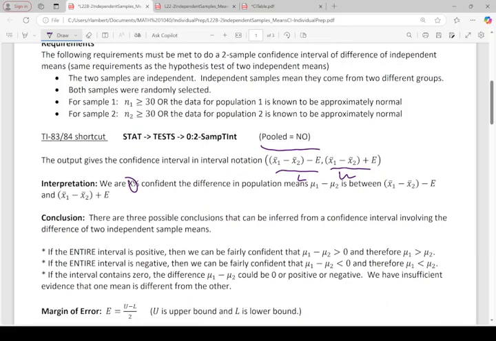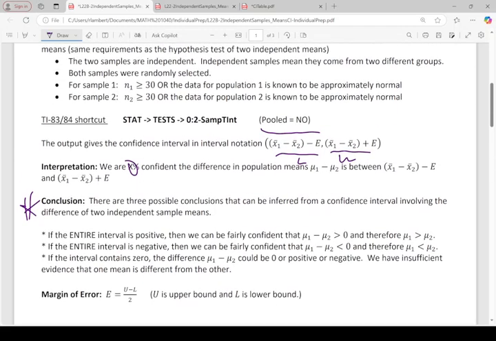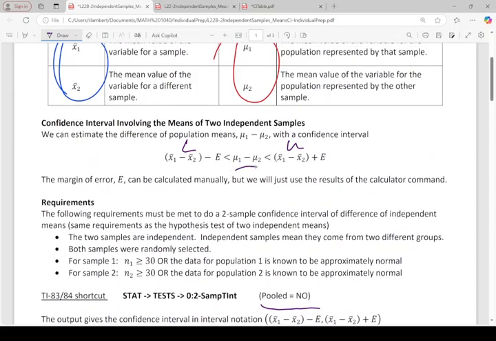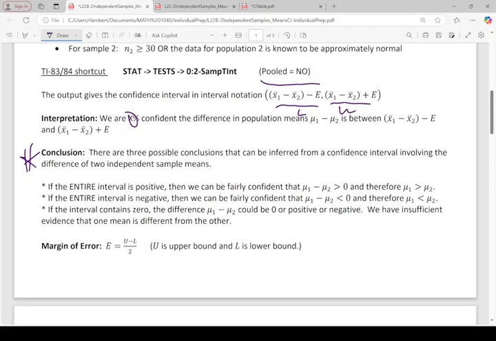And then finally, and I think this is the most important part, is how we conclude. The difference is talking about the first one minus the second one. So what we're going to do is decide if the entire interval is positive or negative or contains 0. Let's go in order.